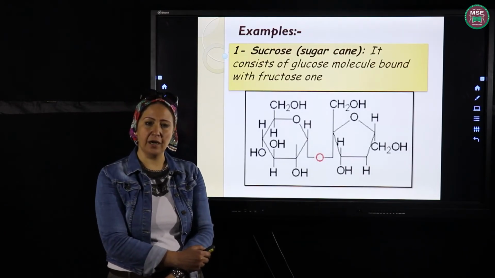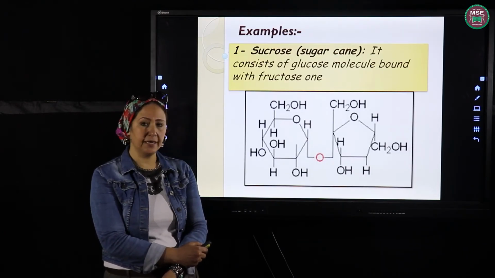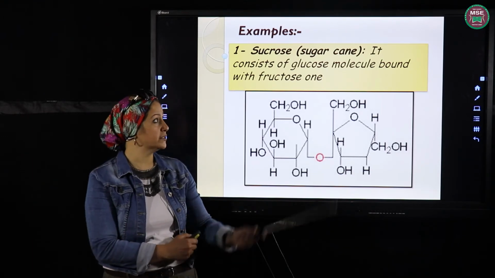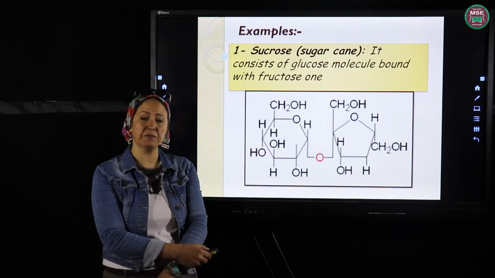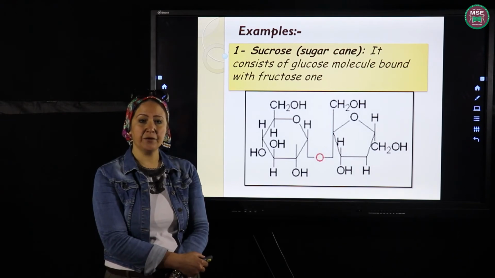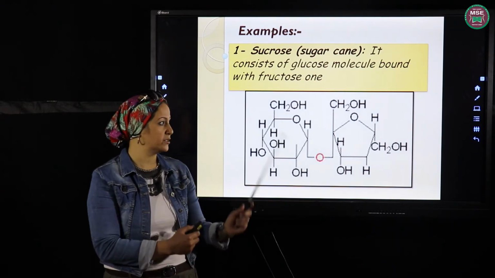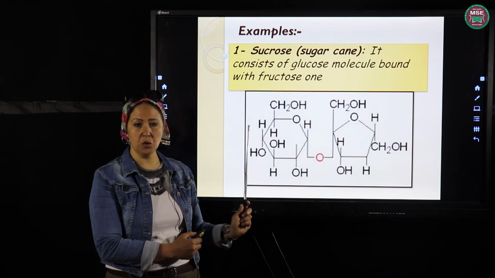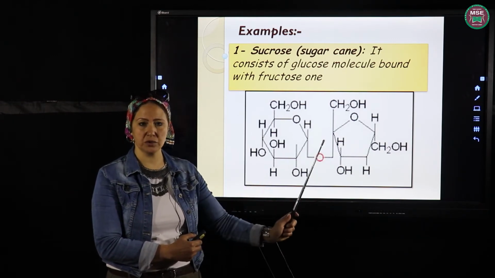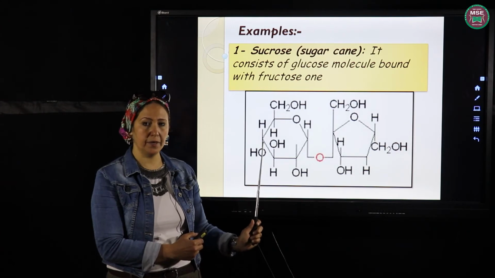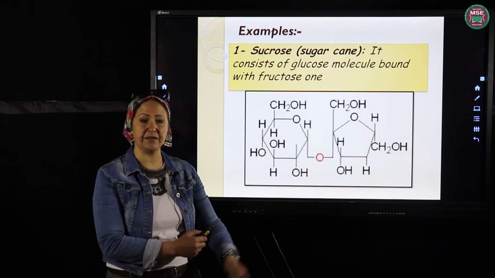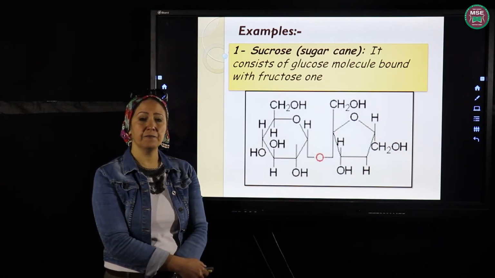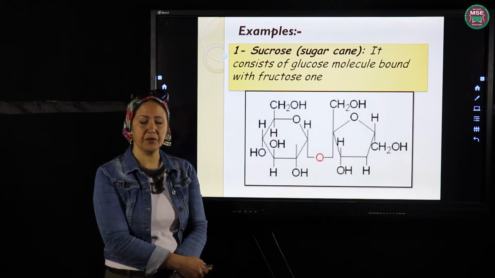The first example of disaccharide is sucrose. Sucrose is the sugar that is found in sugar cane. It consists of 2 monosaccharides joined together. So what are these 2 monosaccharides? Glucose with fructose. If a glucose molecule bound with a fructose molecule, they give sucrose, which is one of the disaccharides.